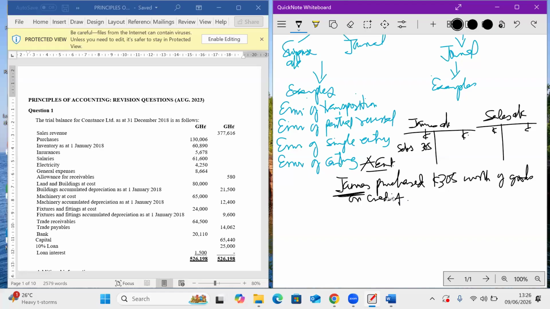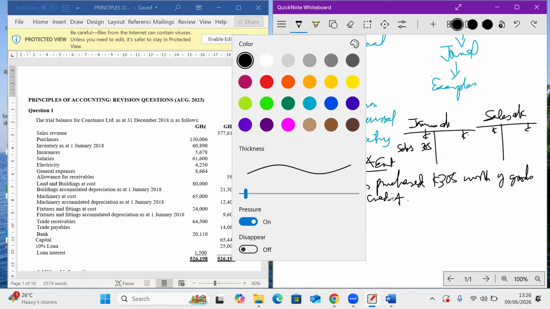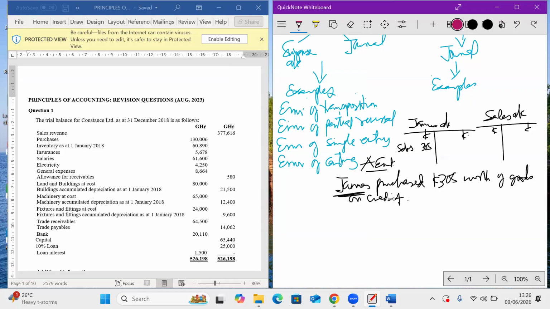Pay attention. Double entry says that whenever you debit one account, credit the other account. When you do the left of one account, let's say James, go and do the right of the sales account, then it will balance, so that when I deduct the credit from the debit, I'll get 0, right?